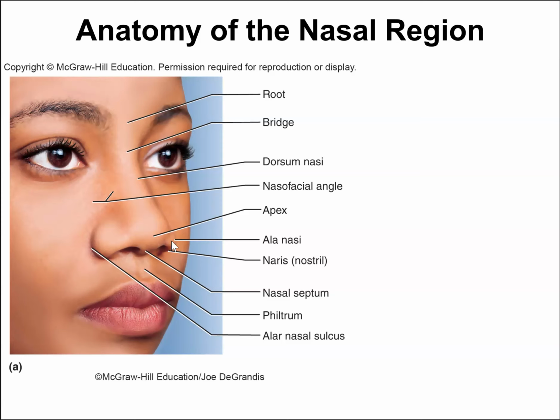And then you have the alar nasal sulcus, which is the depression at the ends of the nares and in between the cheeks. And then you have the philtrum. Now, philtrum is the concave region that connects the apex of the nose to the upper lip.